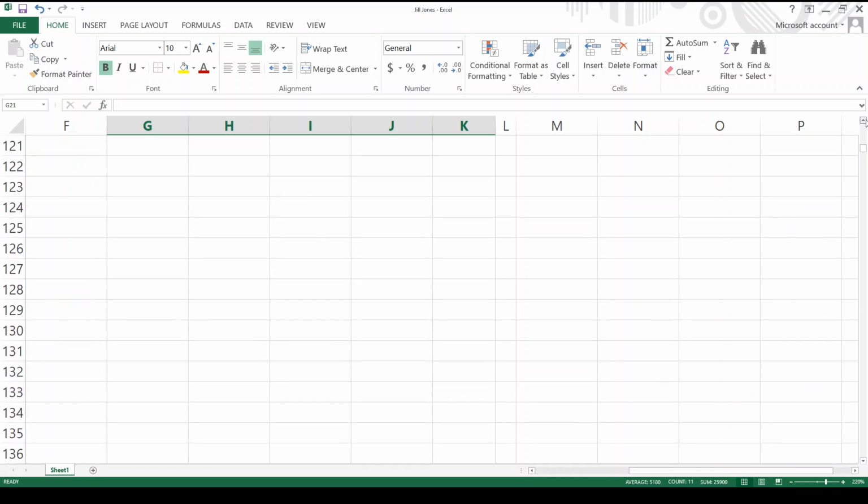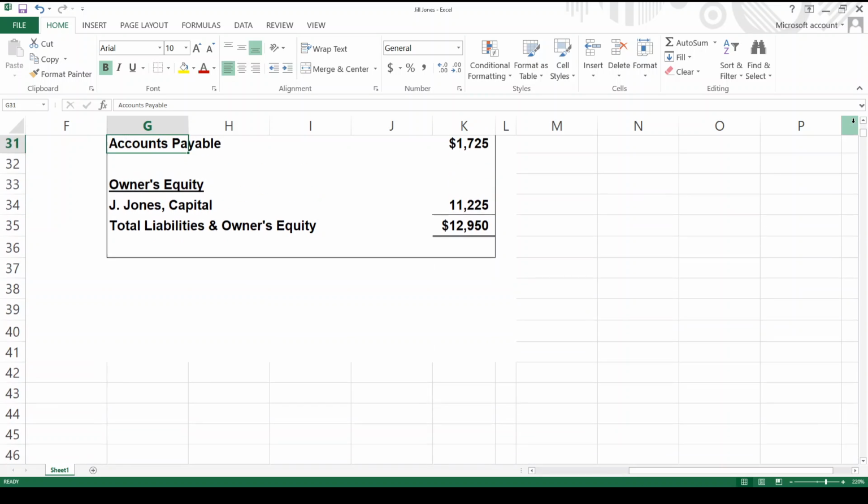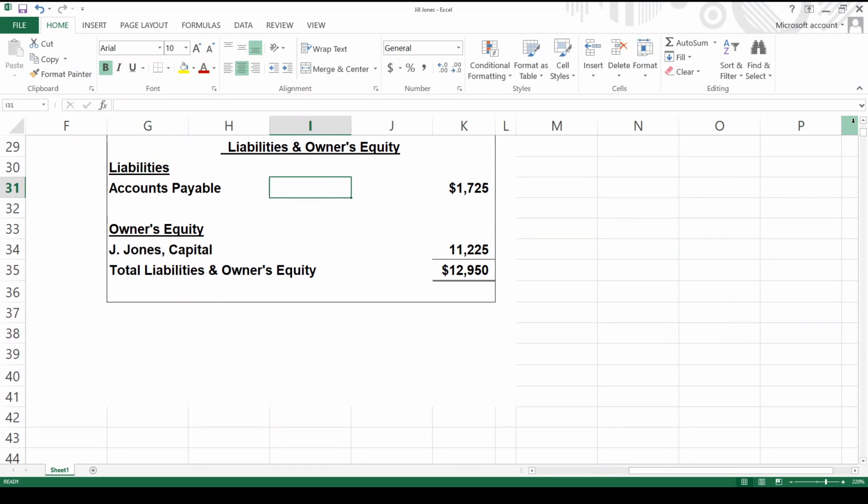What about the liabilities? I lost control of my worksheet. What about the liabilities? Well, we only have one liability. Could we have more than one? Of course you could. Not only could you have more than one liability, but you could have liabilities that you have to pay off within a year. We'll come back to this. They're called current liabilities.